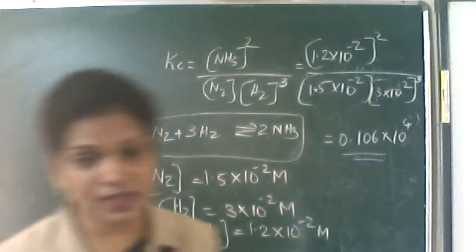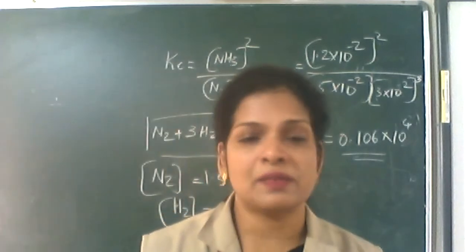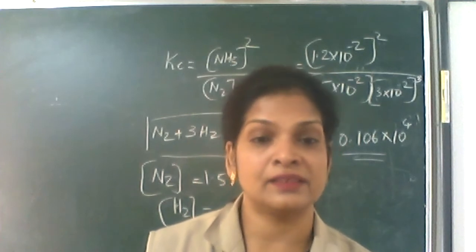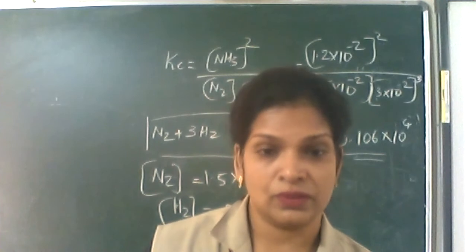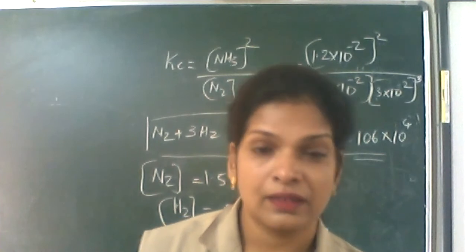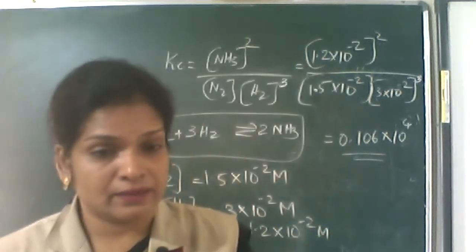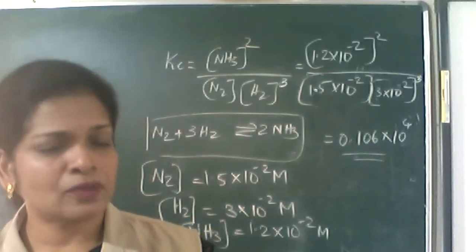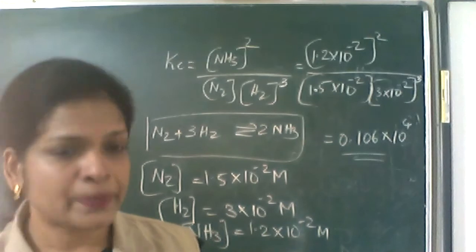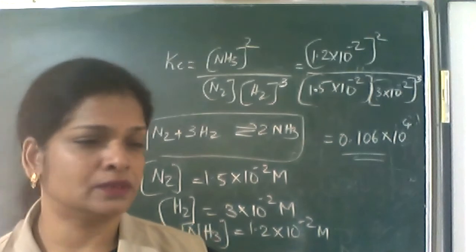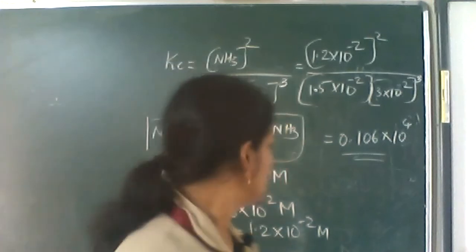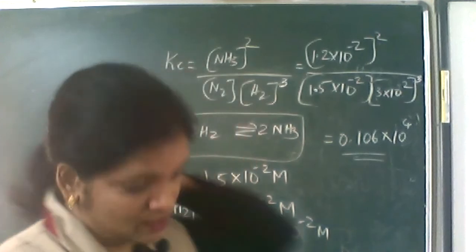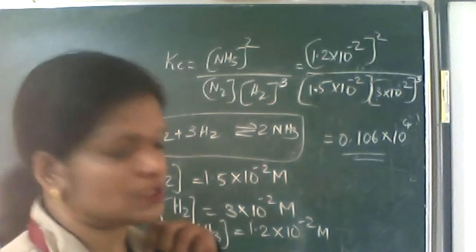Pressure measurement is very easy. Sometimes we check the pressure of the air inside the tire of your car or scooter. When you go to the petrol pump, we measure the pressure of the tire or wheel. So if all are gaseous, since pressure measurement is very easy, we do not use concentration terms.